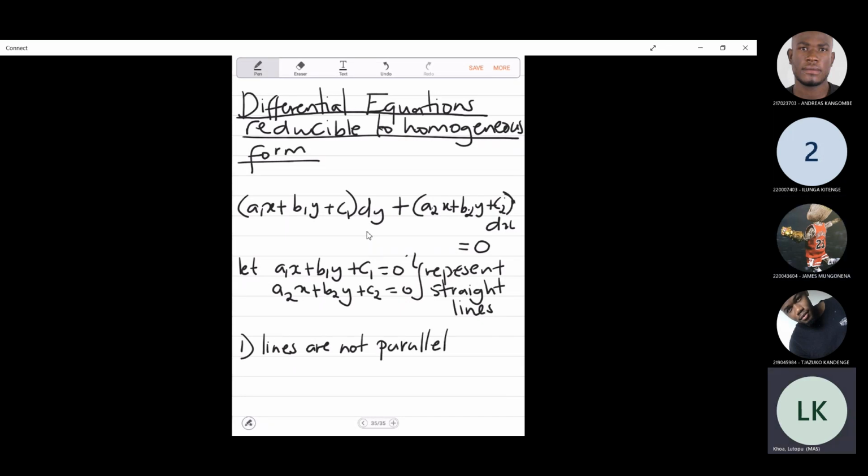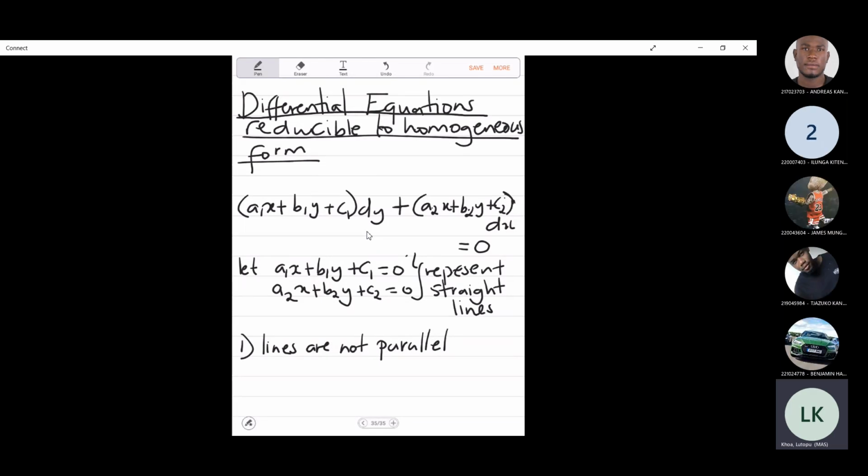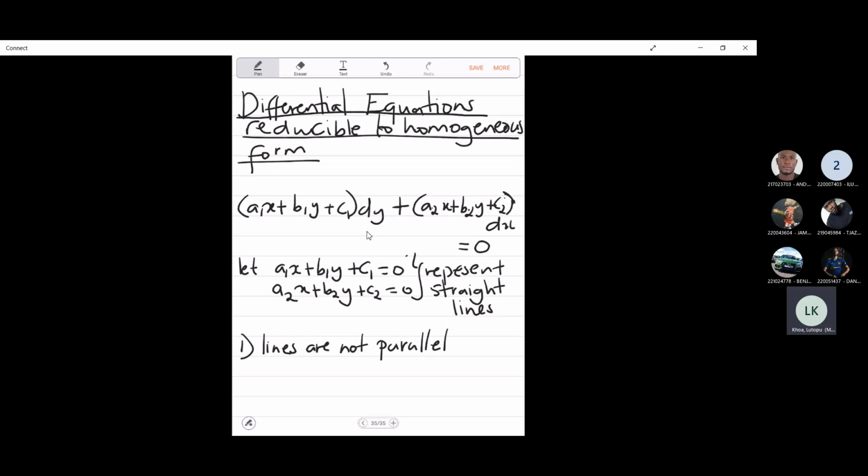And we know that lines are parallel if they have the same gradient. So if these two lines have a different gradient, that means the coefficient of x, when you rewrite this in the form y is equal to mx plus c, if the coefficients of x are different, the two lines are not parallel. Then what do we do when the two lines are not parallel?